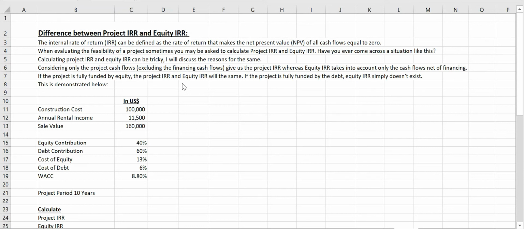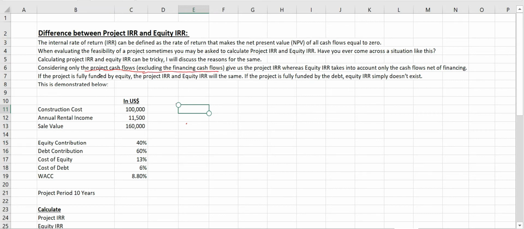Now what you need to do is, when you calculate the project IRR, you need to consider only the project cash flows. Here you have to consider only the project cash flows excluding financing cash flows.